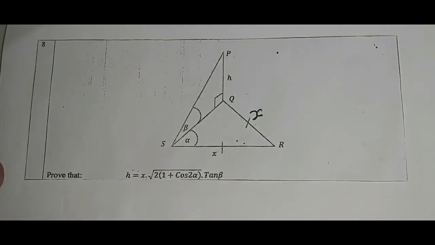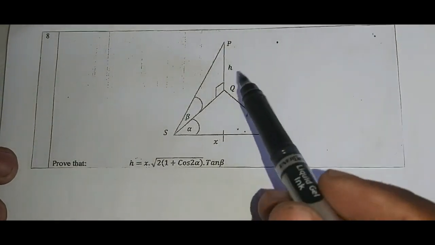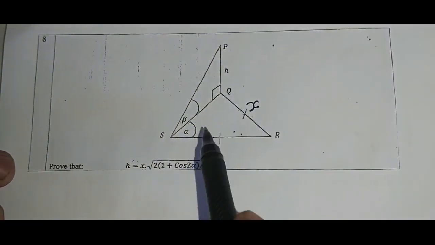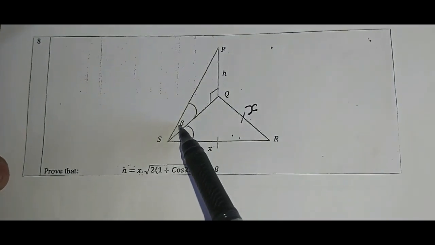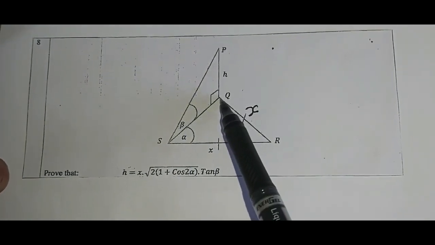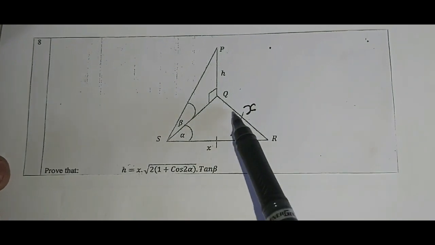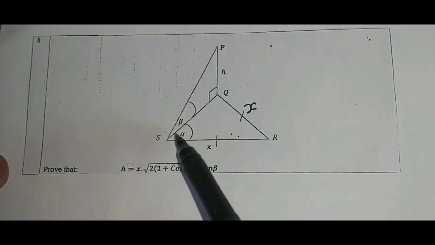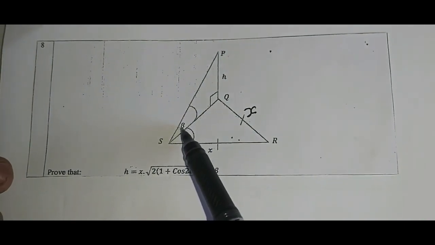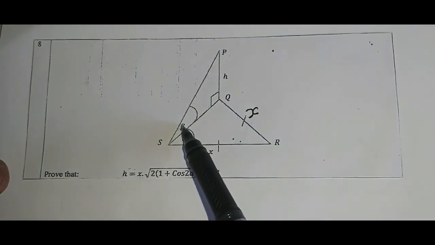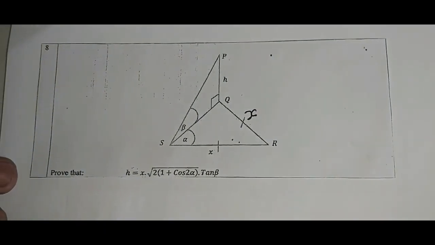So in this case, for us to be able to find H, can you see that we have H there, which is opposite our angle, and because of the triangle on the horizontal plane, we can make use of QS. QS is adjacent to beta. H is opposite to beta, which means we make use of tan.